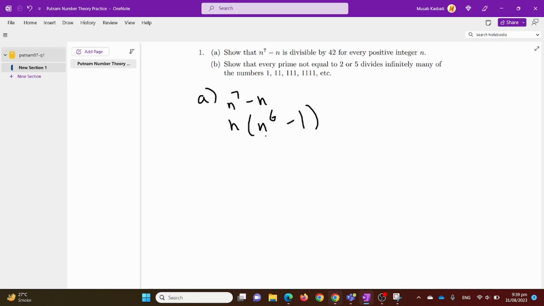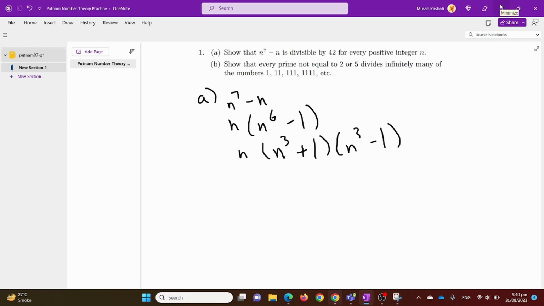Well, a neat little thing is that n to the 6 minus 1 can be rewritten as a difference of squares. So that becomes (n cubed plus 1) times (n cubed minus 1). Even better, we can rewrite this again, now as a difference of cubes. I don't remember the formula, so I can look it up.